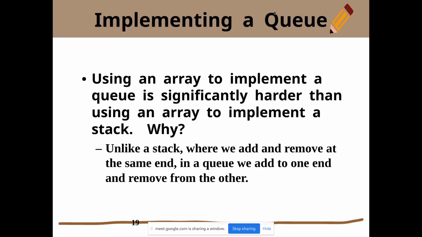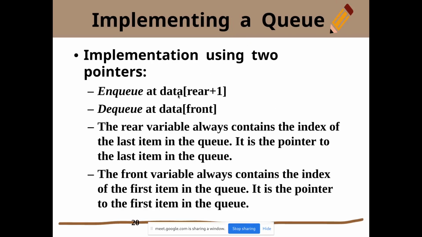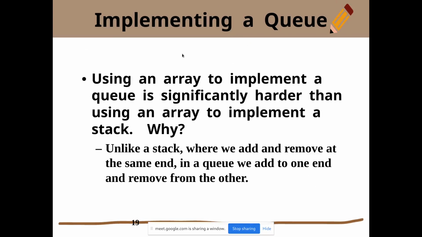In the case of the stack, the benefit was that the insertion point and the removal point were the same, right? That was the benefit when we talked about stack implementation using an array. We had just a single variable to manage, the top variable, which we were just increasing and decreasing.